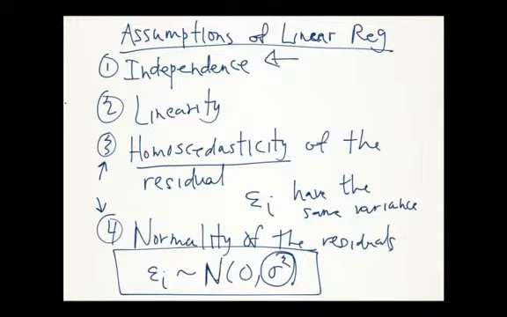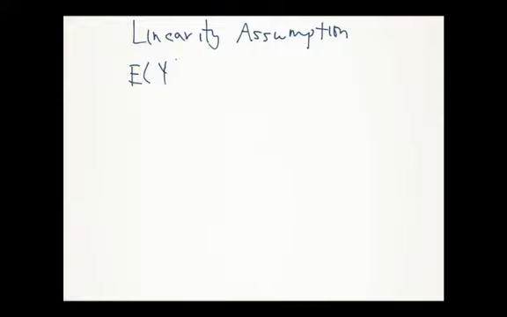Okay, so linearity is we basically think that the expected value of y given x, the covariate, is equal to beta 0 plus beta 1 x.